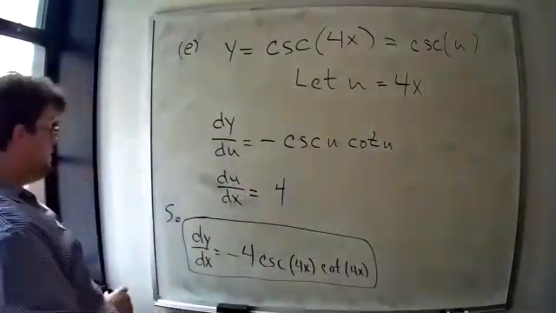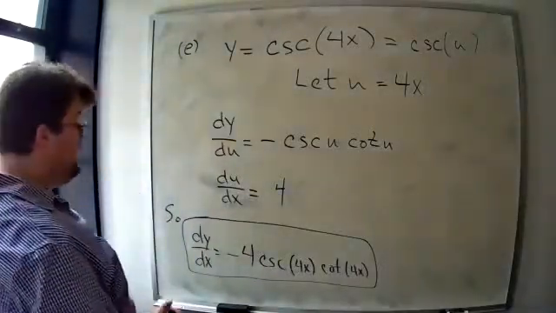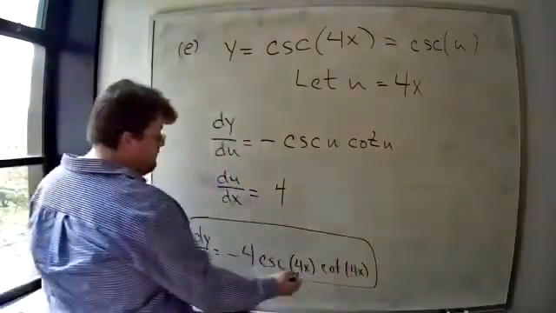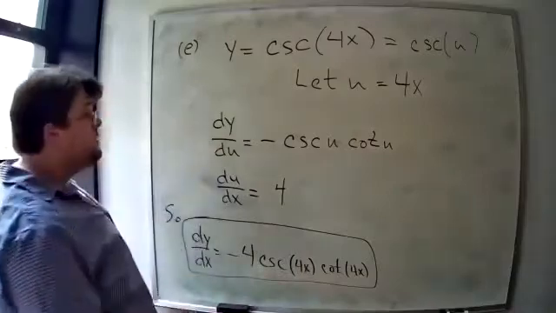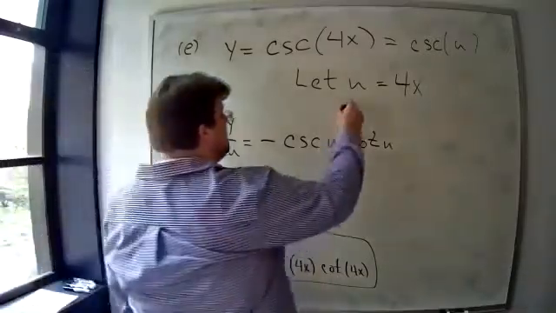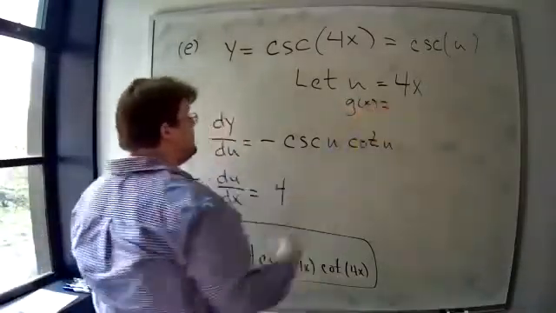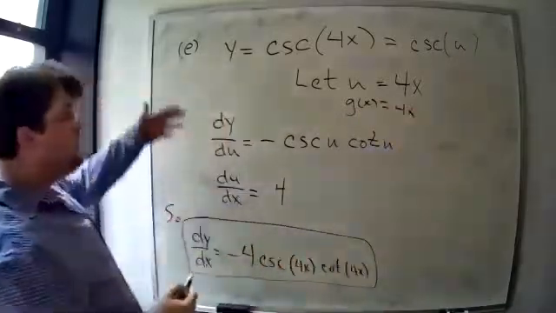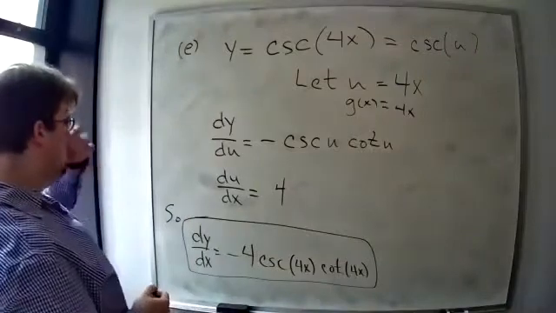So the derivative of a cosecant function is a negative cosecant cotangent, and the derivative of 4x is 4. If you wanted g of x notation, g of x would be 4x, f of g of x would be cosecant of 4x.